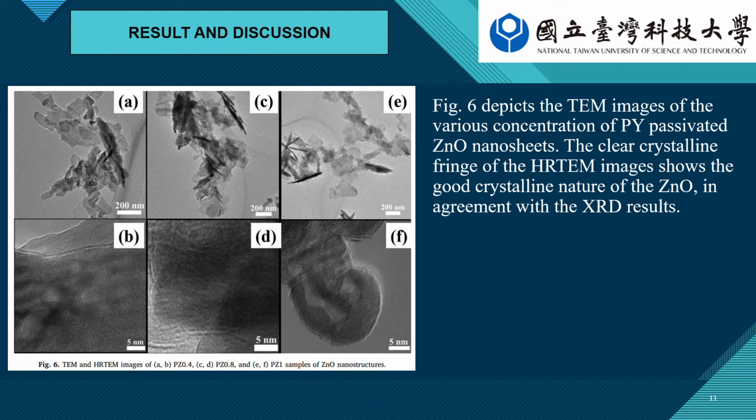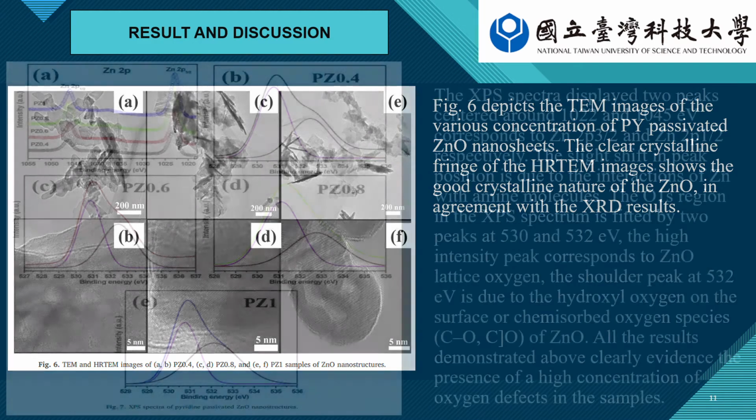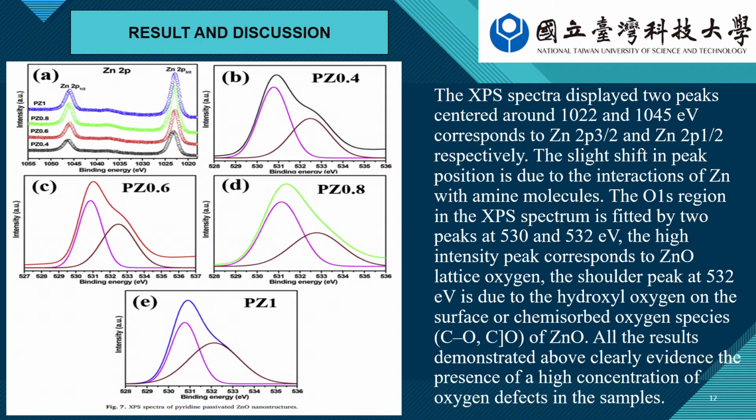The clear crystalline fringes of the HRTEM image show the good crystalline nature of the zinc oxide, in agreement with the XRD result.